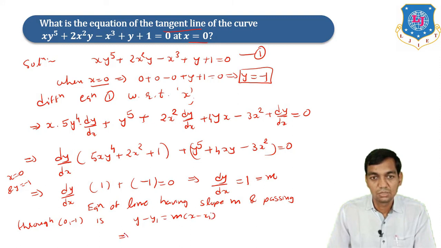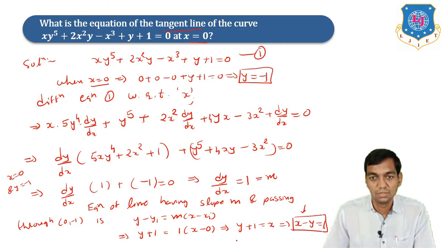Correct? So y minus minus 1, that is y plus 1, is equal to m, which is 1, into x minus x1, which is 0. And that will give y plus 1 is equal to x. Or you can write that x minus y is equal to 1. This is the equation of a tangent line. Okay? Done?